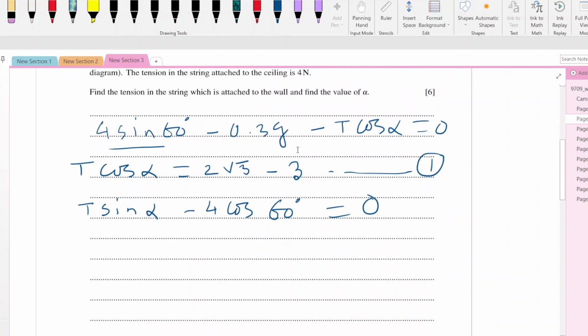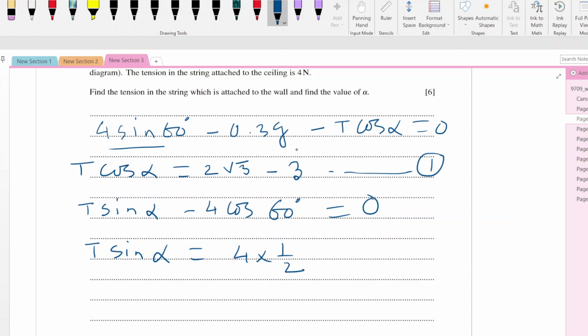Therefore T sin alpha equals 4 cos 60 degrees, 4 into half. T sin alpha equals 2. This is equation 2.